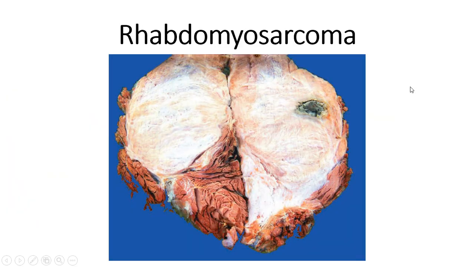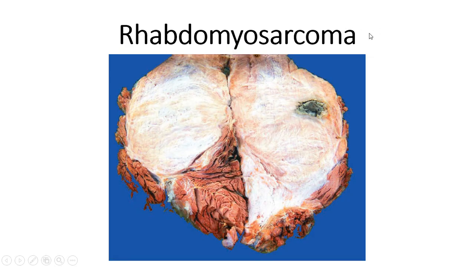This one is the muscle of a dog, and this is a tumor of the skeletal muscles. If it's malignant, we call it rhabdomyosarcoma. Rhabdo means skeletal muscle.